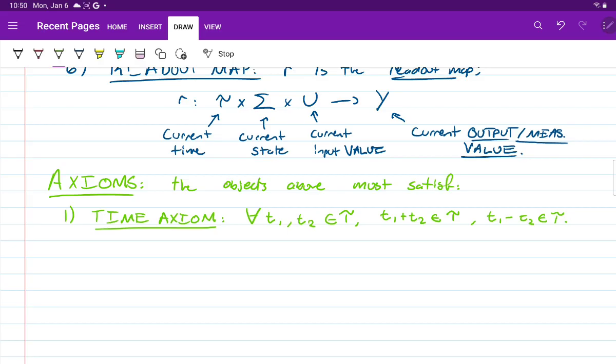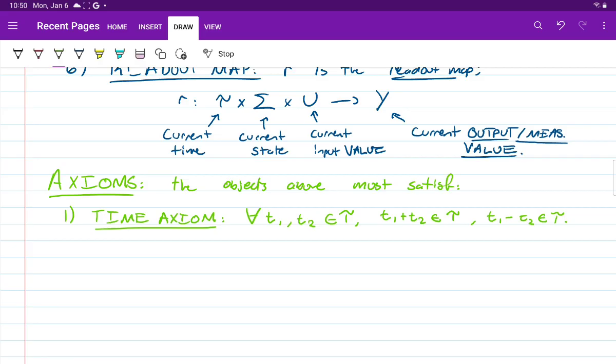This might seem a little bit random, maybe unnecessary. Why are we requiring this kind of restriction? It turns out that in order to have a watertight definition and to define concepts such as time invariance, which we'll see shortly, in a well-posed way, this is something we need to make sure is there in our definition of a dynamical system.